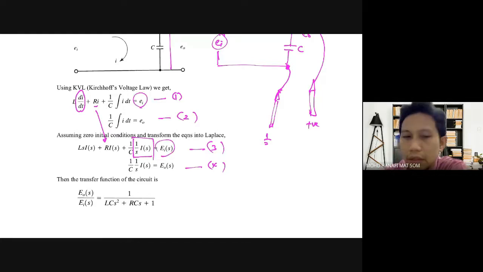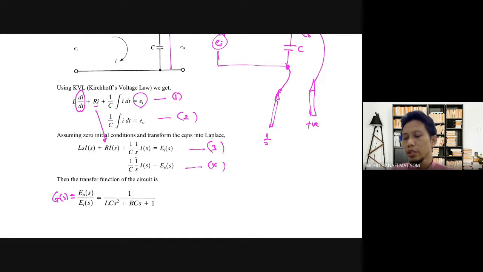We have capital Ei(s), and then we can do the same for the second equation, transforming it into the fourth equation. So we have 1 over C, 1 over s I(s) equals Eo(s). Okay, so we can find the transfer function G(s) equals Eo over Ei(s), which we get by rearranging equation 3 and equation 4.